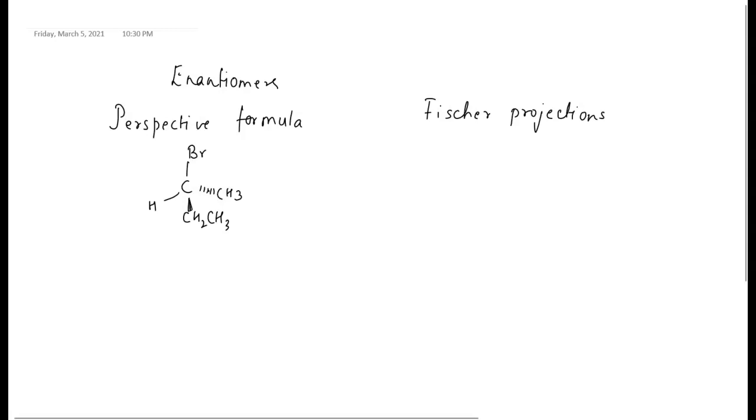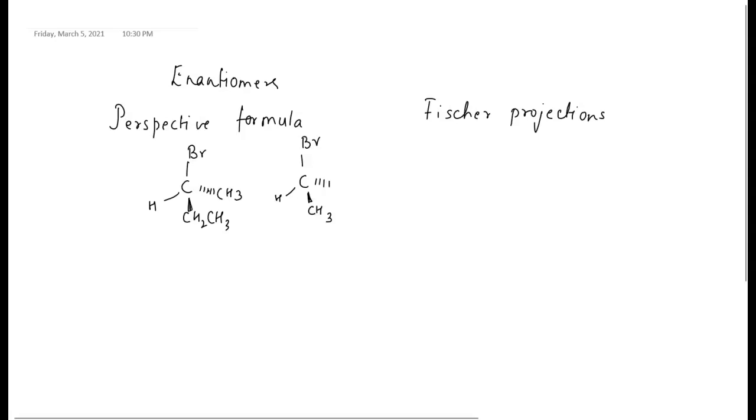Now, if I were to draw the enantiomer of this, I only need to swap two of the groups, right? So if I draw the molecule by swapping what was at the back to what was in the front, I will get the enantiomer of this.